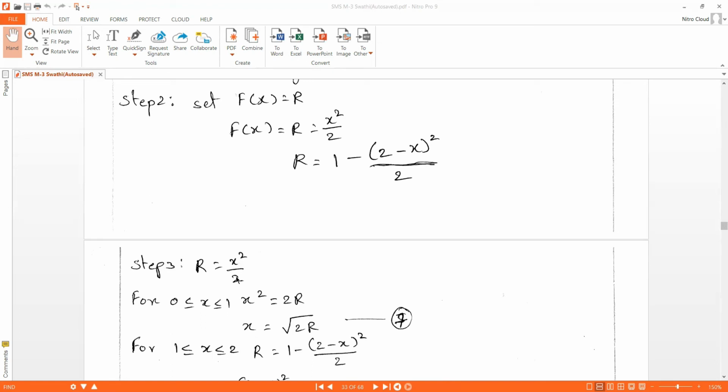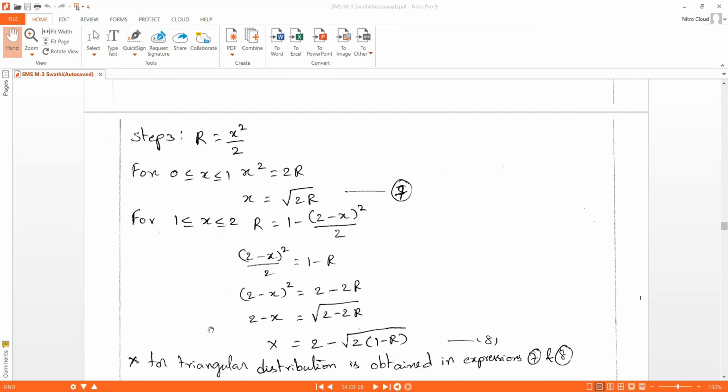It is r equal to x square by 2. This 2, if we send it to this side, since it is dividing, it will multiply. Now x square equal to 2r. If we send the square to the other side, it becomes a square root. So x is equal to square root of 2r.